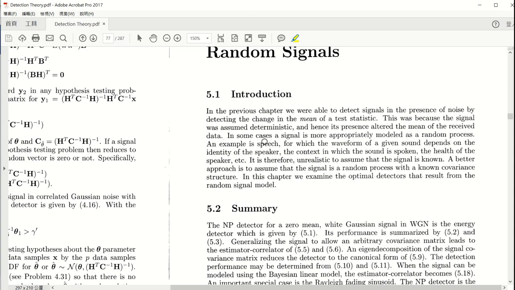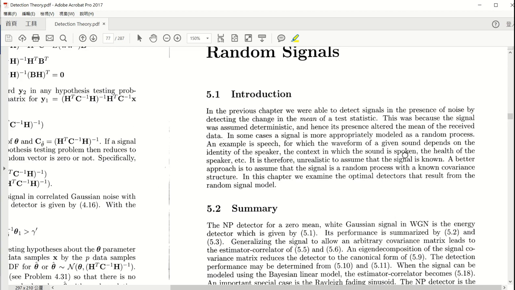In some cases, a signal is more appropriately modeled as a random process. So for example, a speech, in which the waveform of a given sound depends on the identity of the speaker and the context in which the sound is spoken.